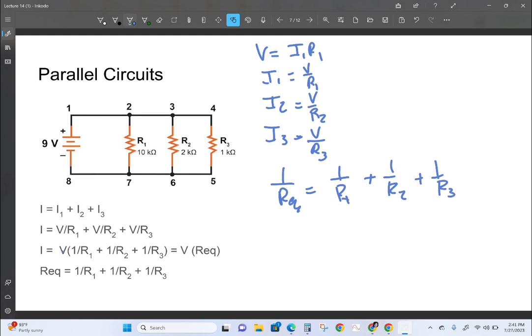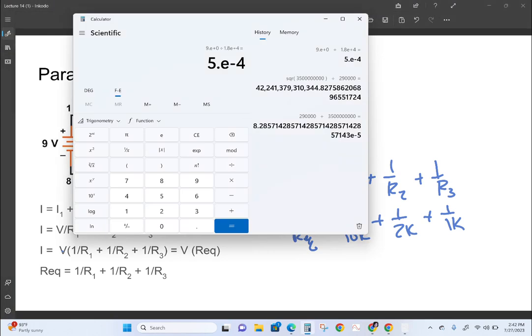So for example, if we wanted to do an example here and find the equivalent resistance, it would be 1 over 10K plus 1 over 2K plus 1 over 1K. And that's going to be 1 over REQ. So I'm going to put these in my calculator.